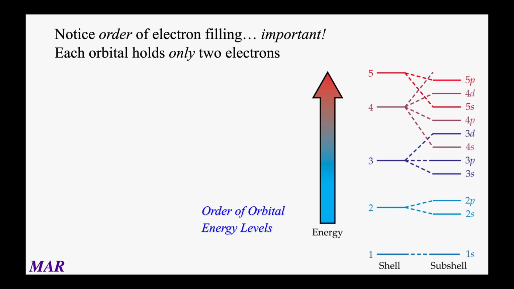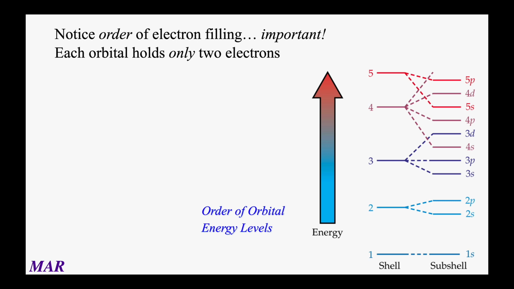That would be the first shell and the s subshell. Then you go 2s and 2p, no problem. But then look what happens. You go 3s, 3p, 4s sneaks in before 3d. Then you go 4p, 5s sneaks in, stuff like that. So this order of how the electrons get put in is really important.